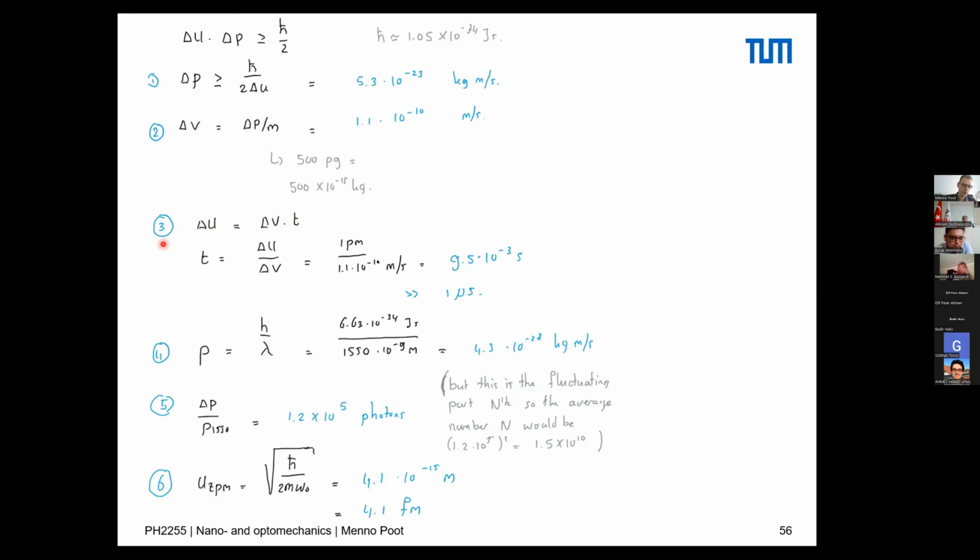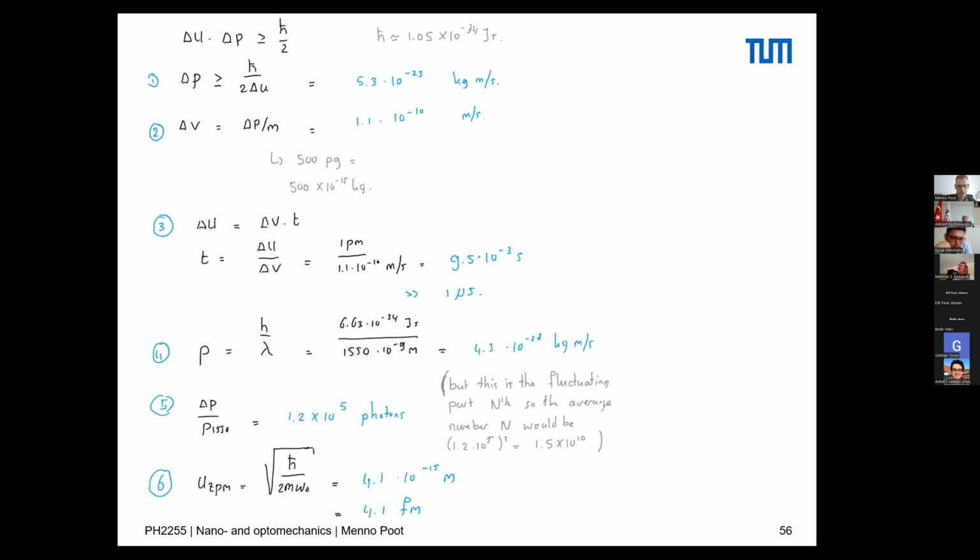And that means that if you want to know when this delta u becomes the same as what we start with, that's the 1 picometer, you'll find that it takes about 10 milliseconds for the resonator to acquire an uncertainty as large as the one that we had from the measurement. And that, as you can see, is much, much larger than the period of a single oscillation. So those were the first questions.